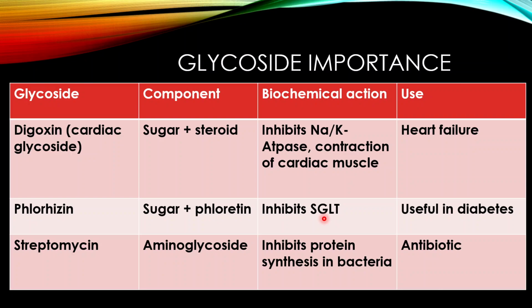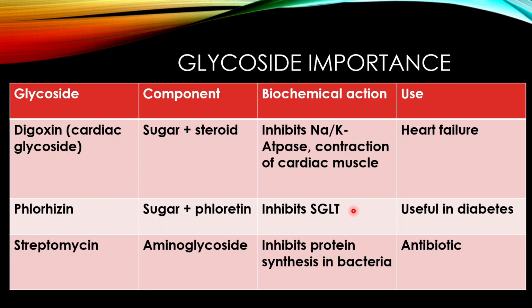If we inhibit this, then the reabsorption of glucose is also inhibited. So as a result, there is loss of glucose in the urine, which again leads to a decrease in blood glucose. So this is an earlier prototype of SGLT inhibitors. Newer drugs have come, and this drug is useful for diabetics.